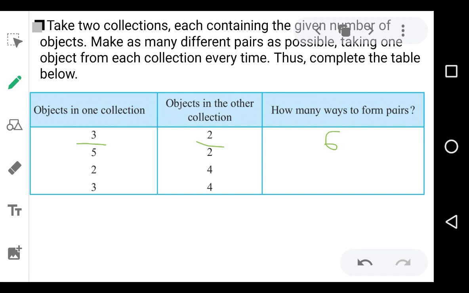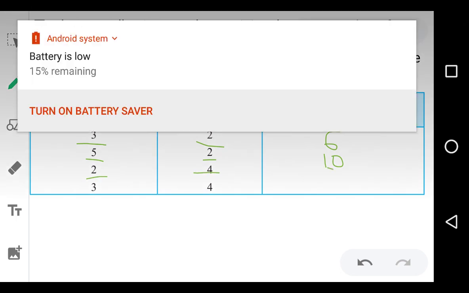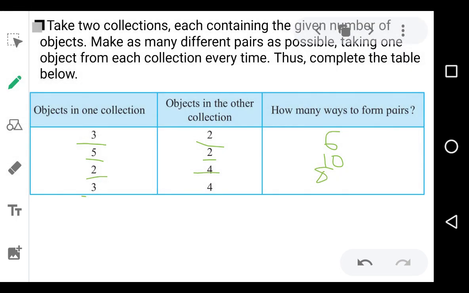So see, here 5 2s are 10. Then 2 4s are 8. 3 4s are 12. So in this way we can make the pairs. Now see, what do you understand? What does this table tell us?